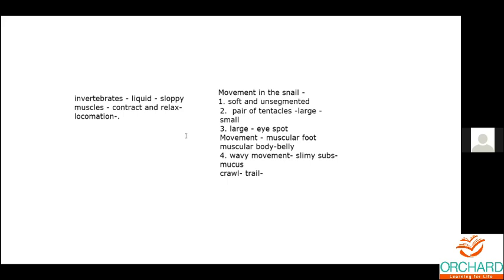The slimy substance is a jelly-like thing present on the body, made up of a mucus layer or mucus substances that are secreted, and they move in a wavy motion. That helps in the crawling of the snail, and they leave the mucus trail behind. So this is called the movement of the snail.